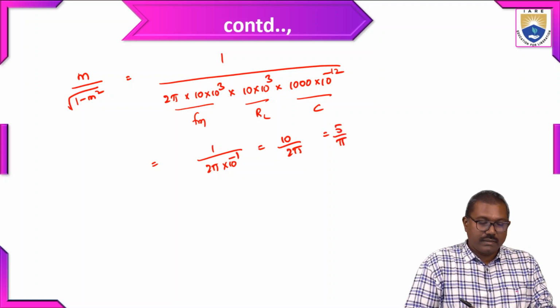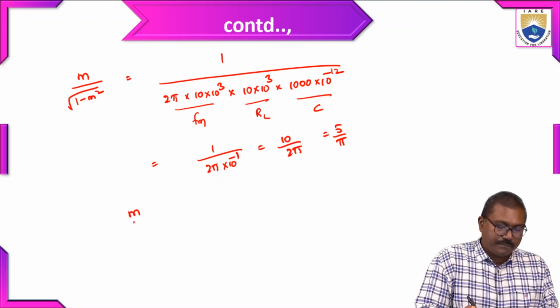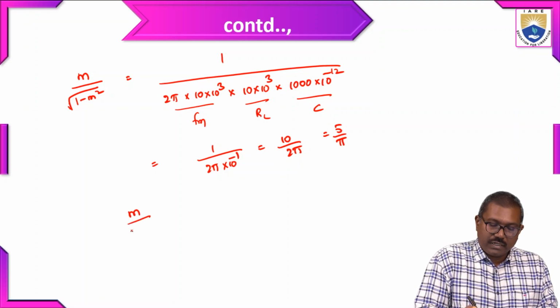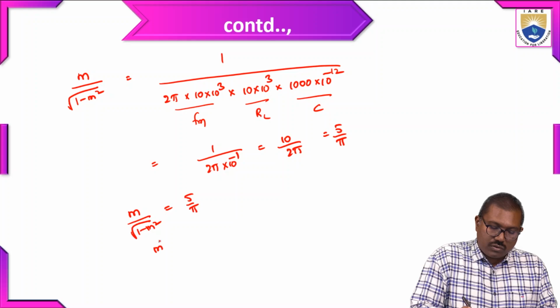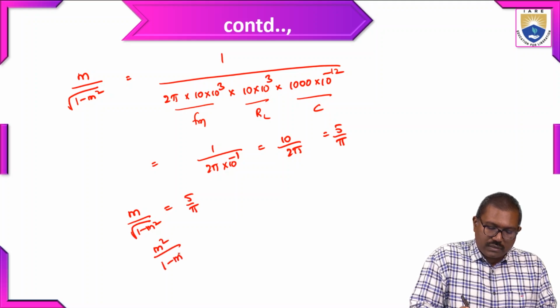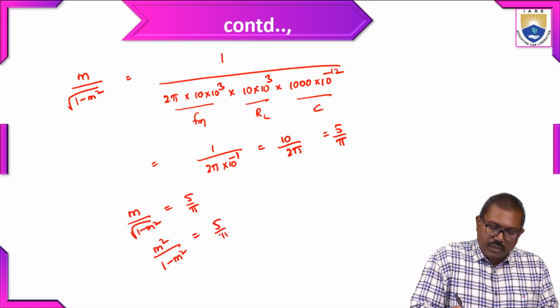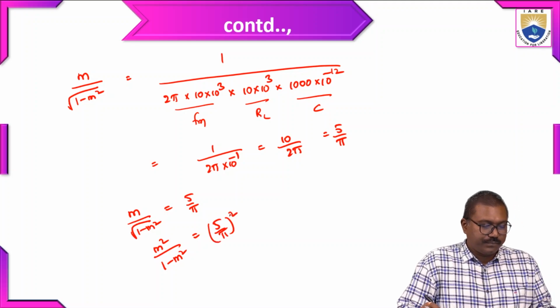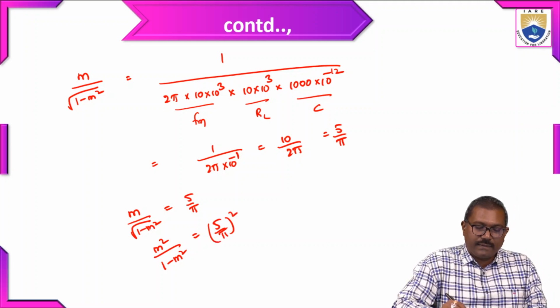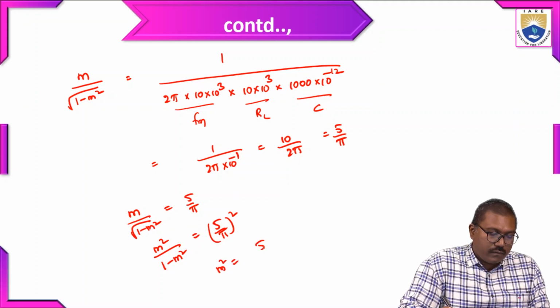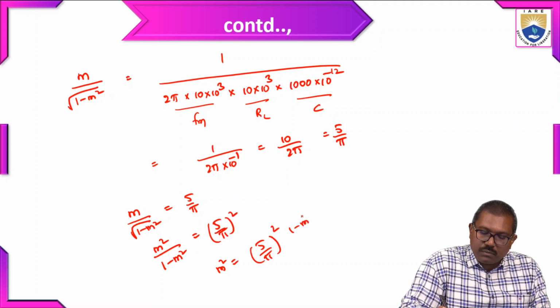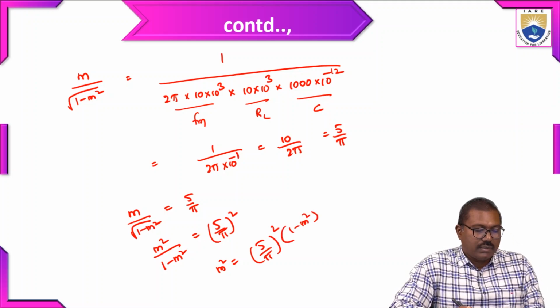So here m divided by square root of 1 minus m square is equal to 5 by pi. So the square root is removed, and 1 minus m square is equal to 5 by pi whole square. So m square is equal to 5 by pi whole square into 1 minus m square.